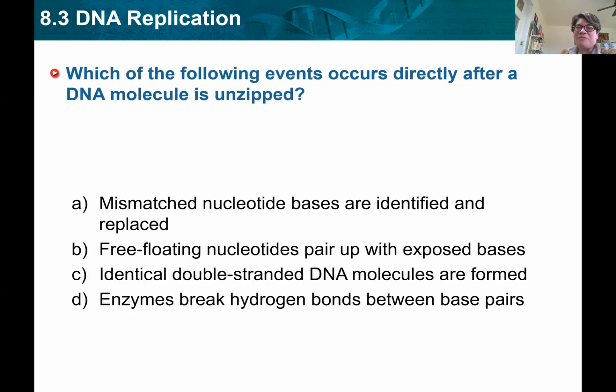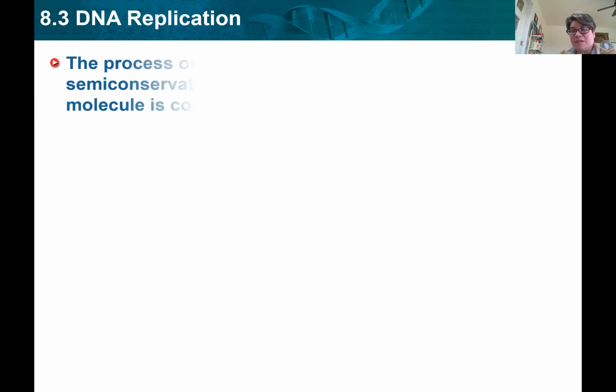Which of the following events occurs directly after the DNA molecule is unzipped? And remember, it's unzipped by helicase, that enzyme helicase. So what happens after the DNA molecule is unzipped? So the free-floating nucleotides come in and bond, and the DNA polymerase is facilitating that.